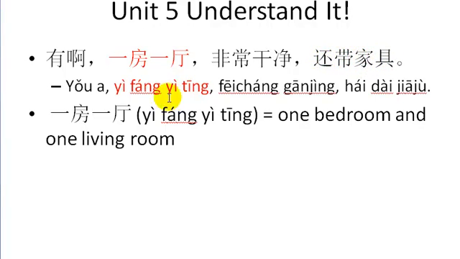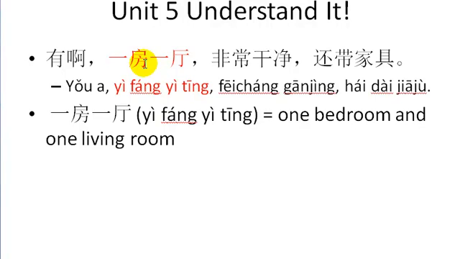Okay, so this 一房一厅, 一房 literally means one room, but when you're talking about apartments, 一房 means there's one bedroom. So we talk about apartments as being one bedroom, two bedroom, three bedroom. Now, you know bedroom is 卧室, but when they're talking about apartments, they don't say 一个卧室, 两个卧室.